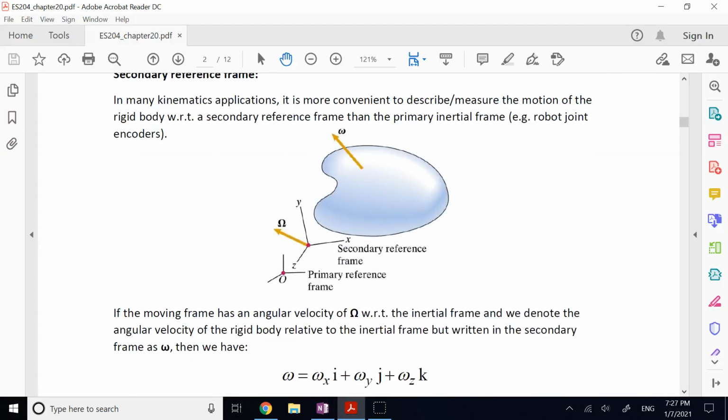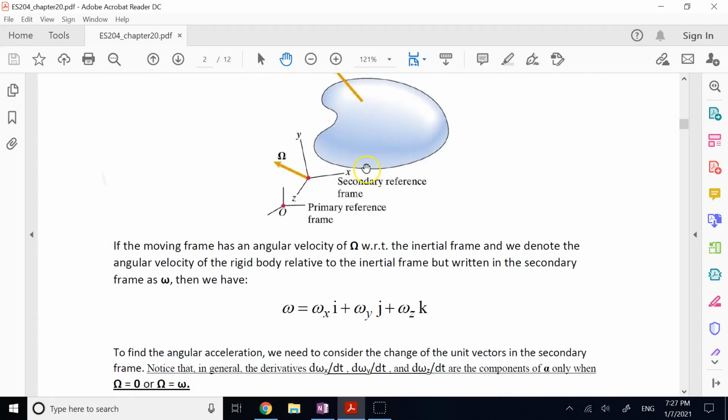That's exactly what we are using here. True, this vector omega, which is angular velocity of the rigid body with respect to the inertial, is written as omega x i, omega y j, omega z k, but it is written with respect to the secondary frame, the unit vectors of which are rotating with angular velocity cap omega with respect to the primary frame.